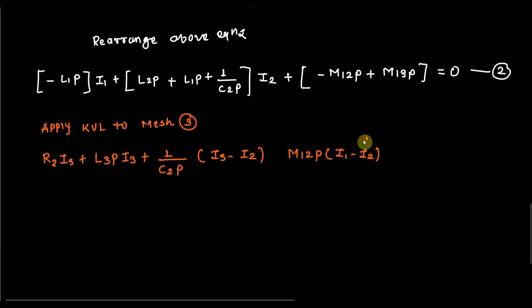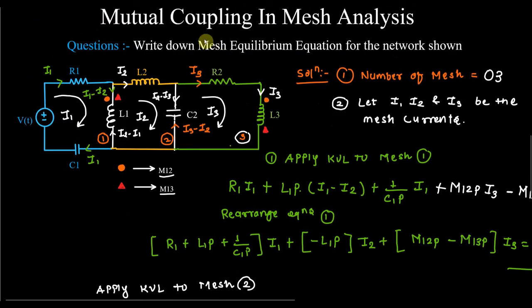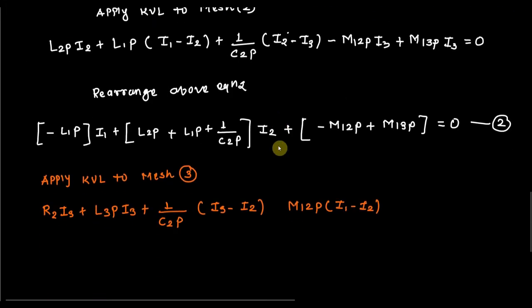Fine. Now check whether it is positive or negative. So here when you follow the I3, this current is entering here. And when you follow this one, because I1 minus I2 means you have to follow the first loop, this current is also entering. When both the currents are entering, it is treated as positive.